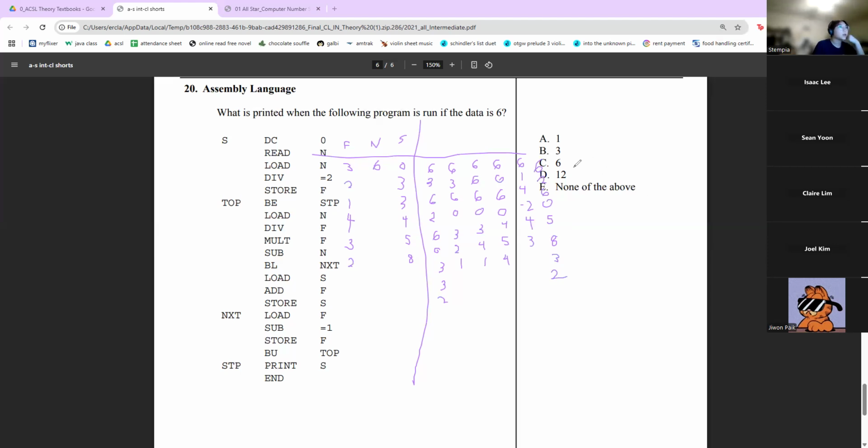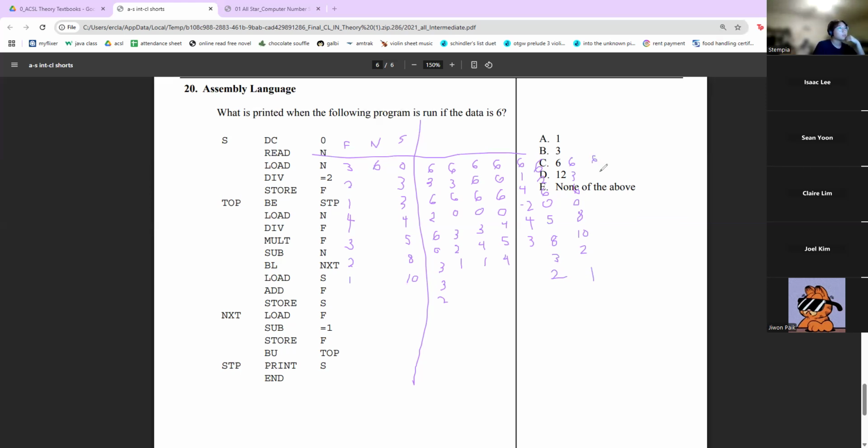Back up to the top, it's not equal to 0, so load N, divide by F, multiply by F, subtract N, load S, add F, store this in S, load F, subtract 1, store this in F, go up to the top.